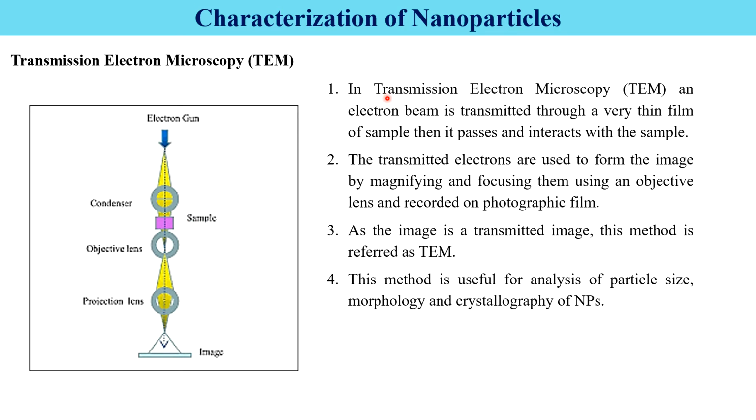And as the name suggests, transmission electron microscopy, the electron beam is transmitted through the thin film of the sample. And as it is transmitted through a sample, it gives the magnifying image. That image is recorded on a photographic film, and this method is useful for analysis of particle size, morphology, and crystallography of nanoparticles.